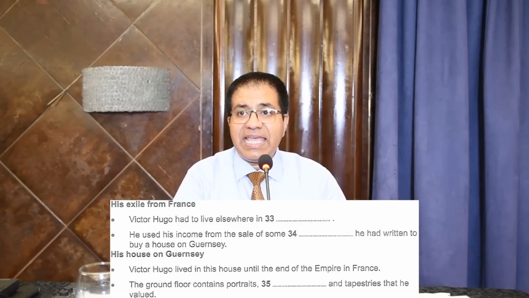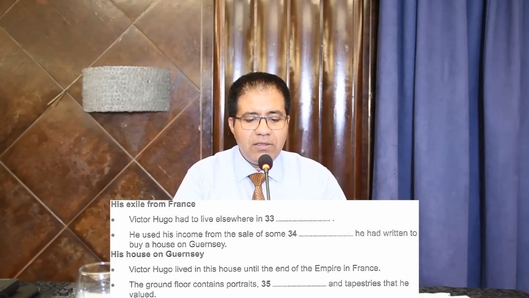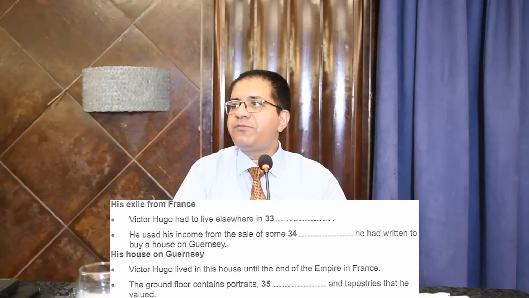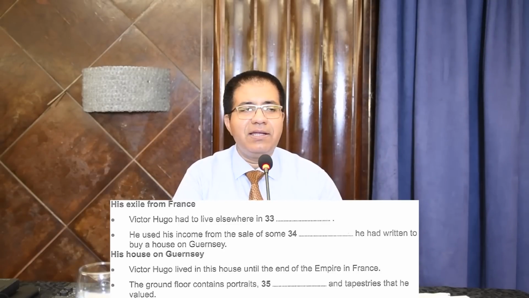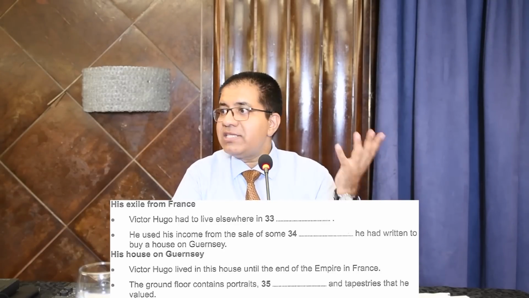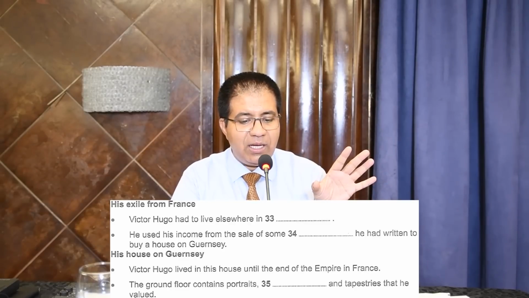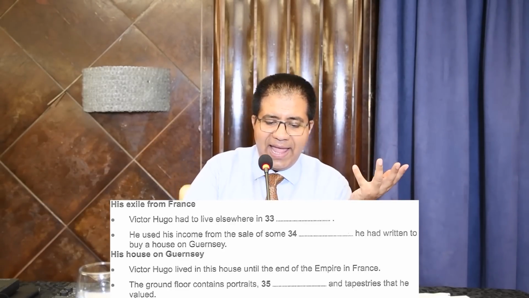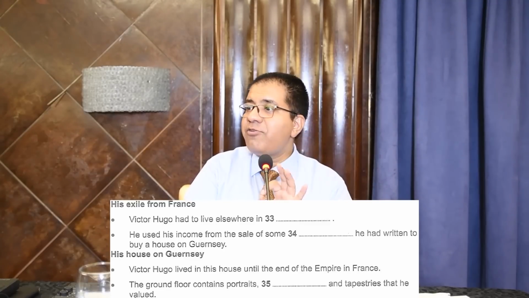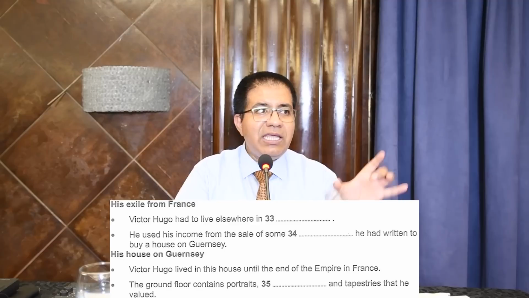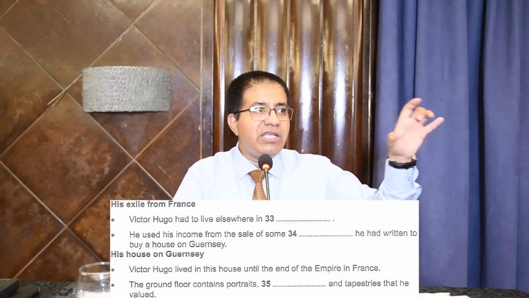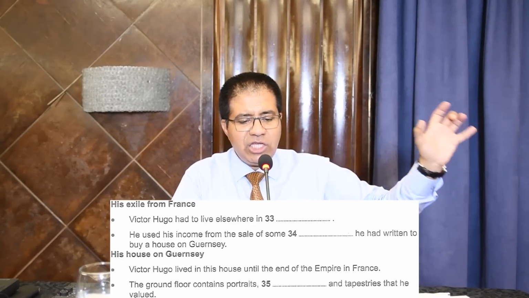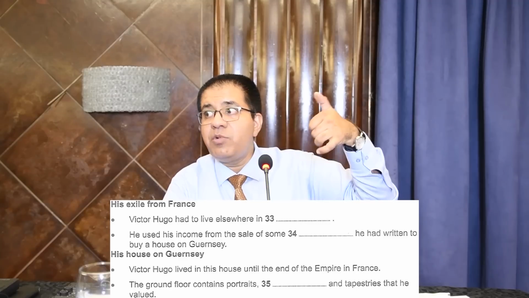Europe. Simple. Question number 34. He used his income from the sale of some. Now listen. There is a writer, there is an author, he used his income from the sale of what? What is it that he sold? Dash, some dash, he had written. It means he wrote something, and from that he earned money. It can be he used his income from the sale of some novels.